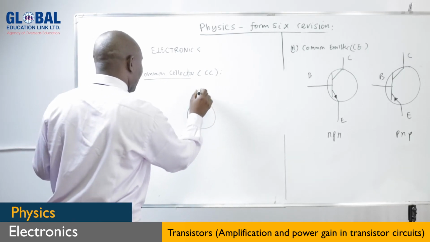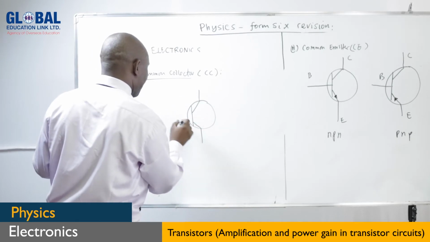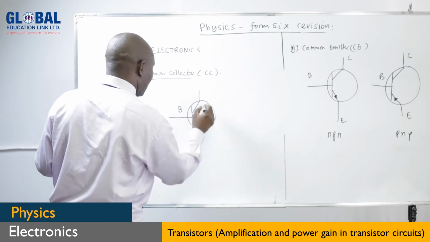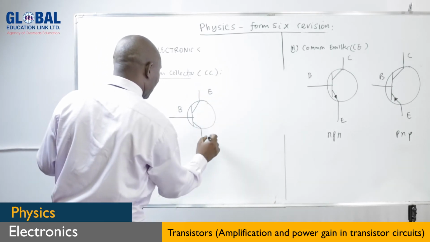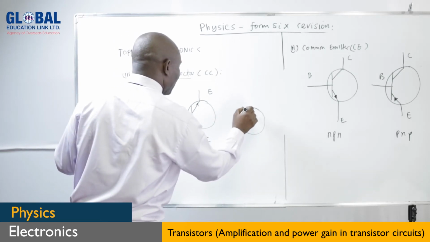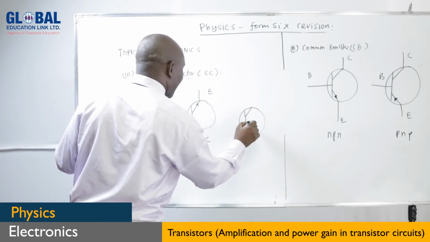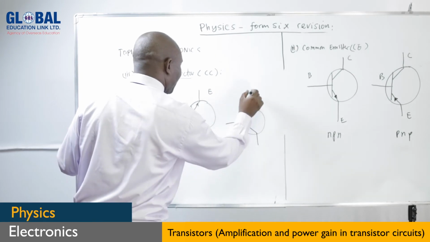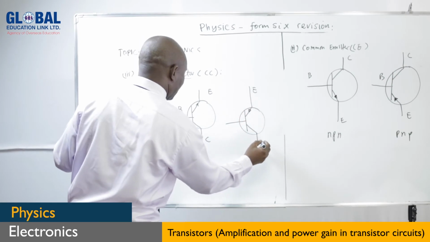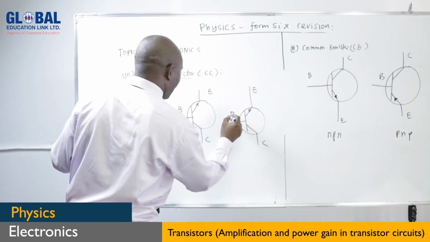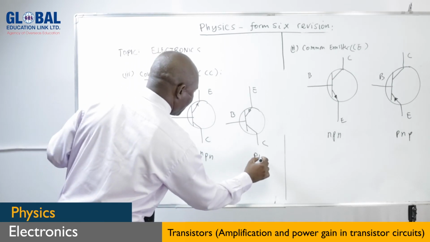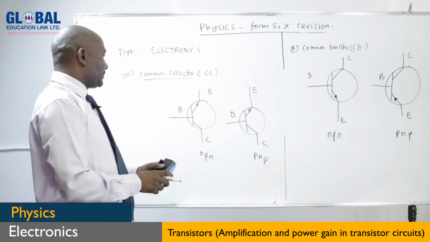This time you are supposed to have a base, our emitter here, and this is the collector. So you can talk of NPN or PNP: E, C, B for the NPN, and this is the PNP.